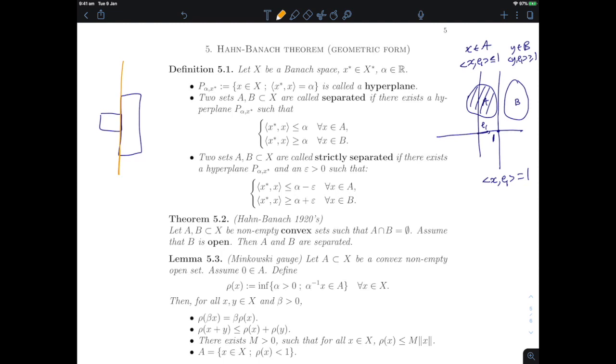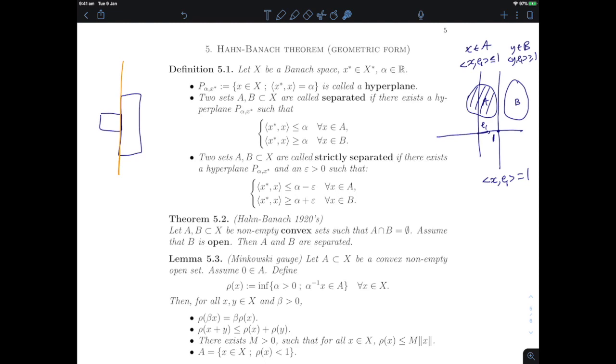Everywhere where this orange line meets the boundary of this square and this rectangle, we're going to have x star x equal to alpha, as opposed to being strictly smaller or strictly bigger. So I want to differentiate from this situation on the left, where I could have some intersection and some elements of both sets lying on the hyperplane, and this situation here where the separation is strict.